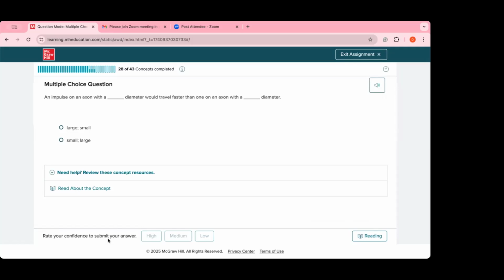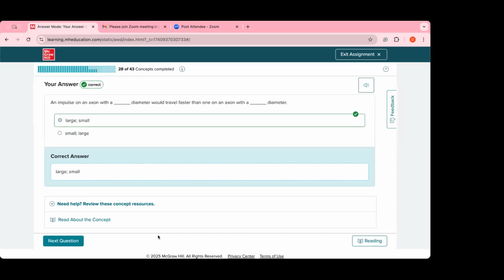So that would mean that, yeah, an impulse on an axon with a large diameter would travel faster than an axon on a small one. So it's the first one. Okay, yeah.